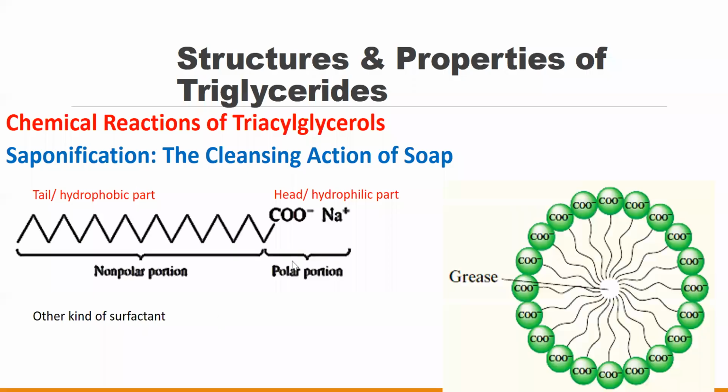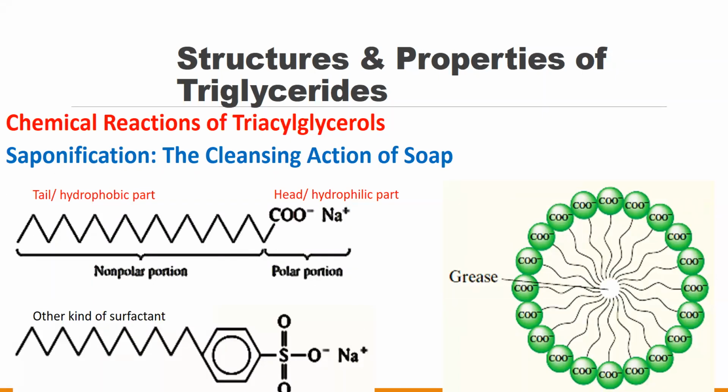Okay, so you'll see on the structure between this one and the second one, they have different structures, but more or less, if you scrutinize it, they have the same. They have this part here, which is hydrophilic, a polar end, and there's also this part here, which is the non-polar portion.